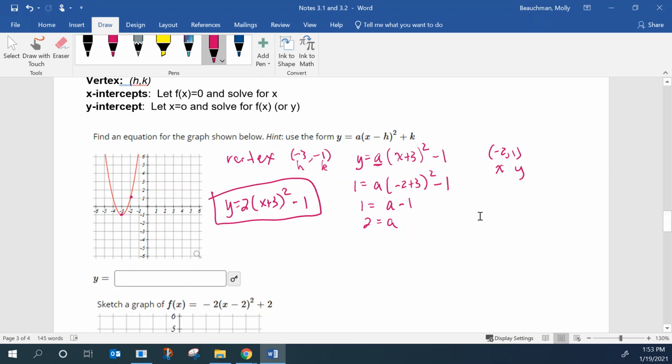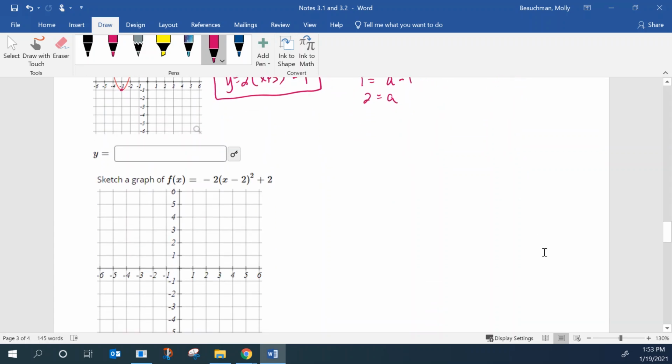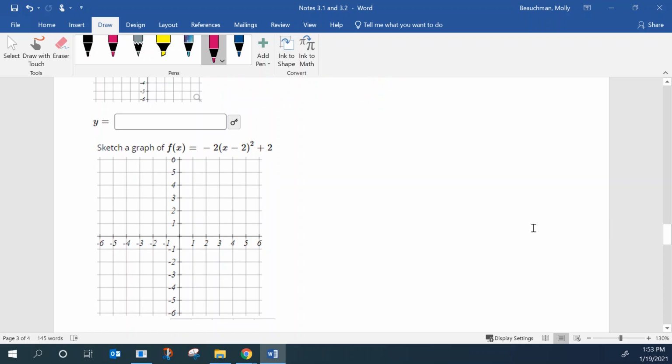All right, next example. What if you have the equation and you want a graph? So a couple of different ways you can do that. Find your vertex. By looking at the equation, it would be 2, 2. So 2, 2. And then you can find another point on the graph. You can probably take f of 0.